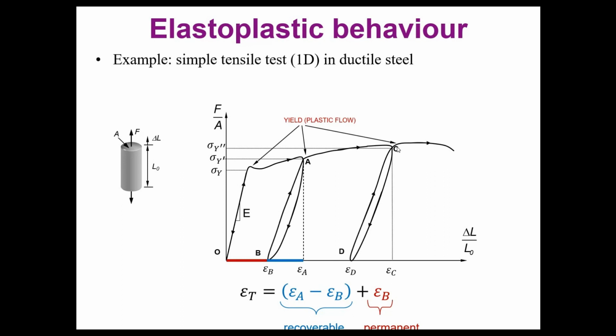But the cost you are paying for this is that you have more and more plastic deformation every time. For example, in the second loop of loading and reloading, you see that the plastic deformation is much bigger than the previous one.